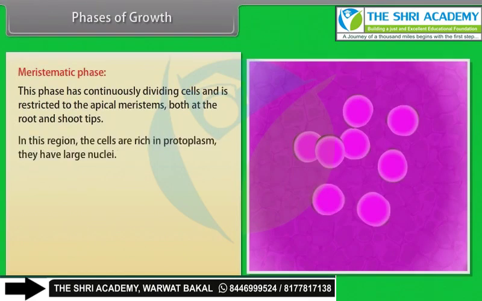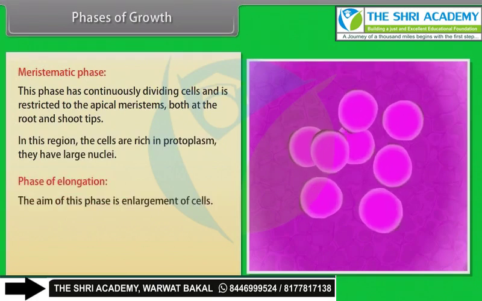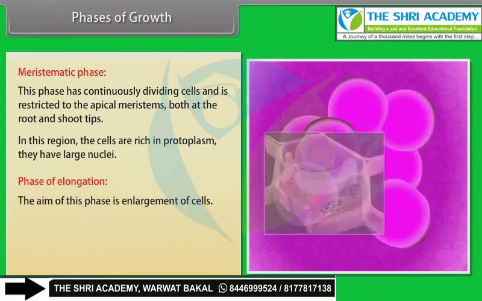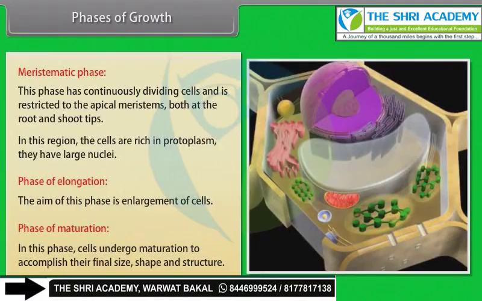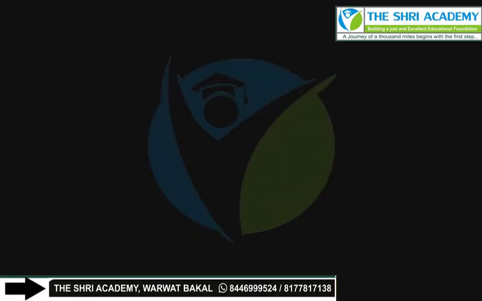In this region, the cells are rich in protoplasm. They have large nuclei. Phase of elongation. The aim of this phase is enlargement of cells. Phase of maturation. In this phase, cells undergo maturation to accomplish their final size, shape, and structure.